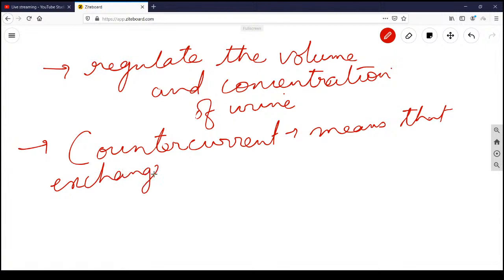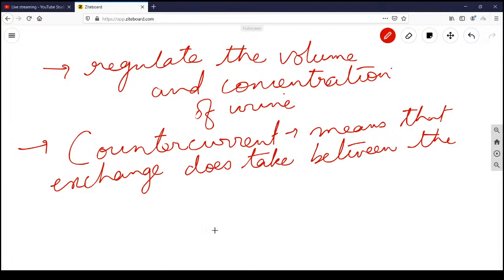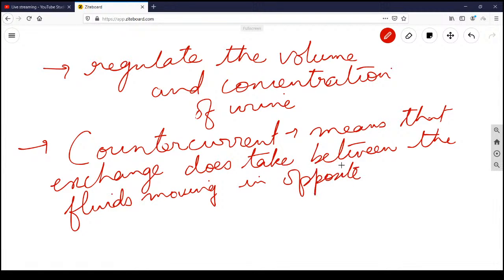Exchange means exchange of solutes and water takes place between fluids moving in opposite directions in two adjacent segments of the same tube.